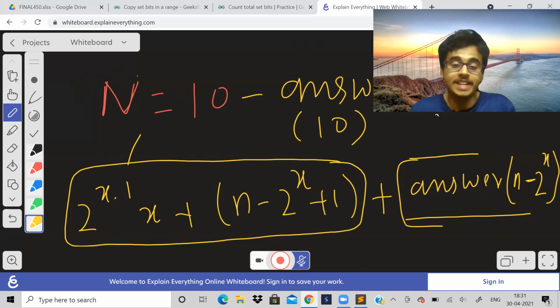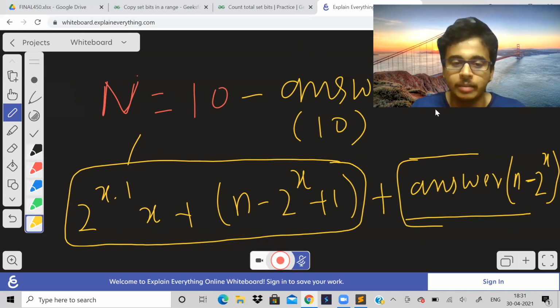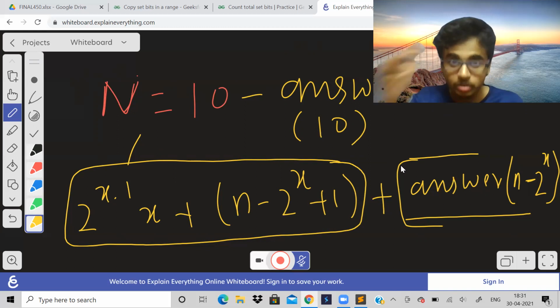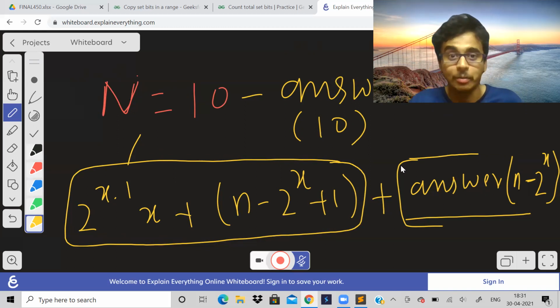This thinking requires a lot of observation. I also did not get it in the first try, and I've taken some time to explain it to you. So I hope you understood the approach behind how I think like this. That is important.